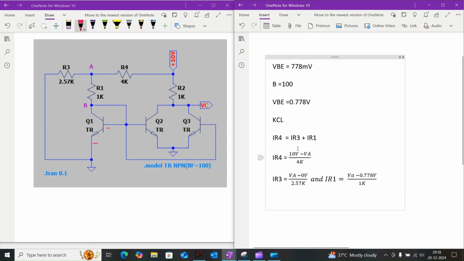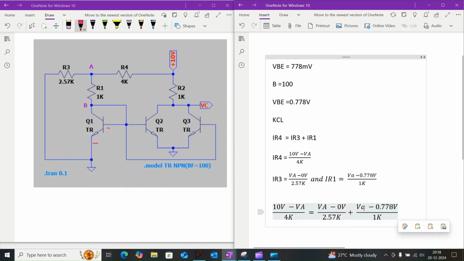If we substitute these values into this equation, we get 10 volt minus VA divided by 4K equal to VA minus 0 volt divided by 2.57K plus VA minus 0.778 volt divided by 1K.